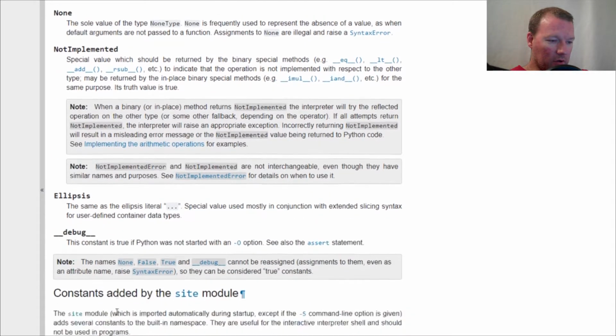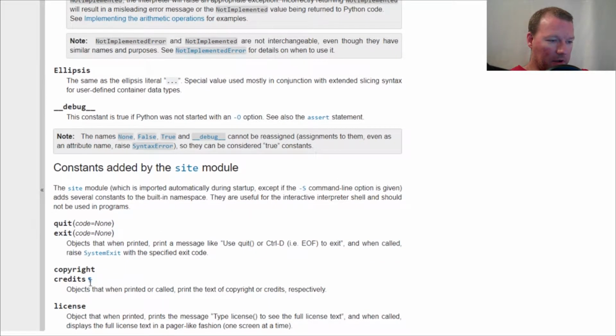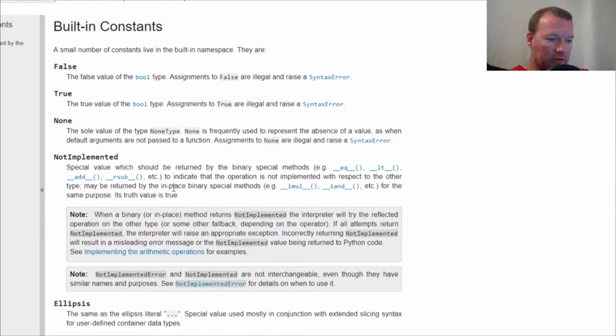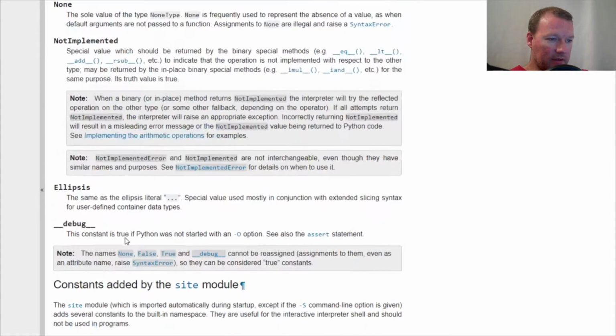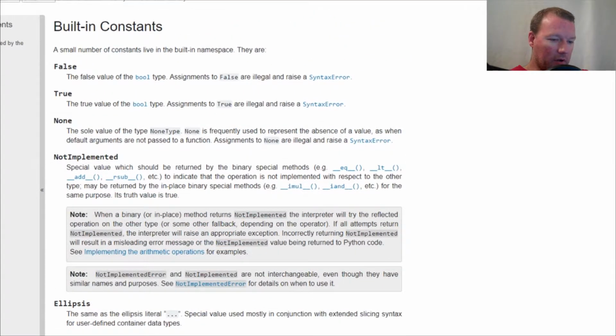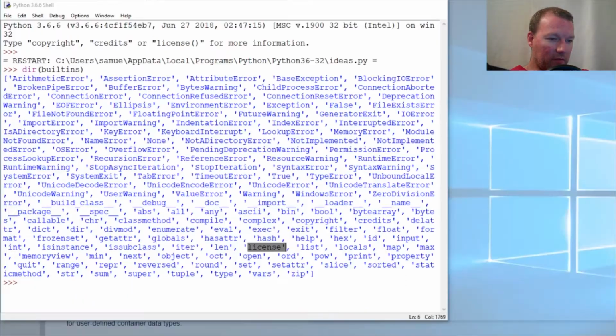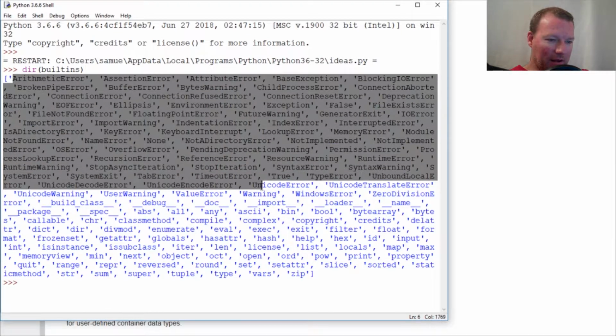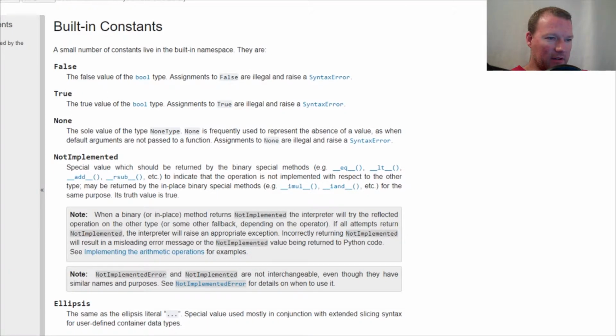So you have your copyright, credits, license, quit, your None values, your False, and True. Now these are lowercase, and then you had a couple that were uppercase. The remainder of these are all classes, and a majority of them, except for maybe, did I say None about the built-in? Yeah, I did say None.